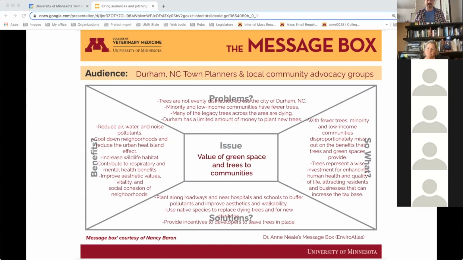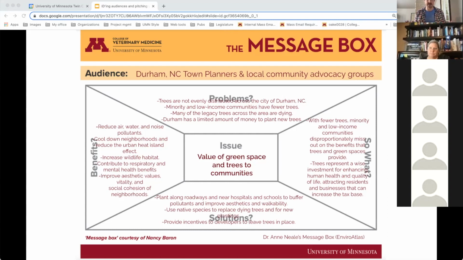But I do want to at least talk about a couple of points on this. And this comes from Compass Science Communication from a woman named Dr. Anna Neal. She's a research scientist at the U.S. Environmental Protection Agency's Office of Research and Development. She leads a group called EnviroAtlas, which is an open source online tool that allows users to view, analyze, download geospatial data and other resources related to the benefits that humans get from nature.